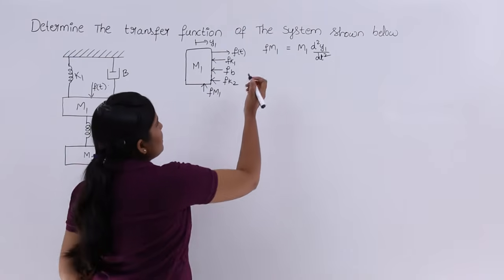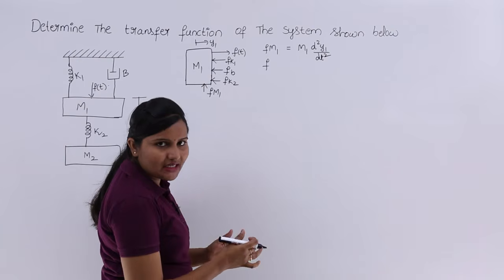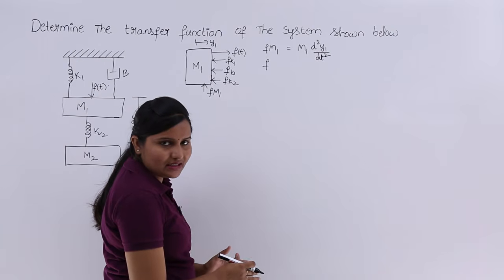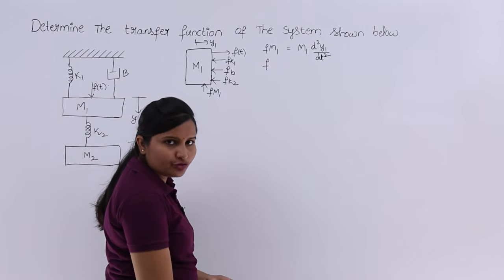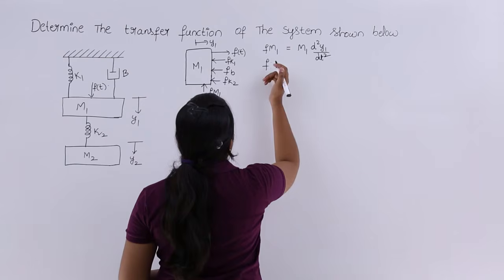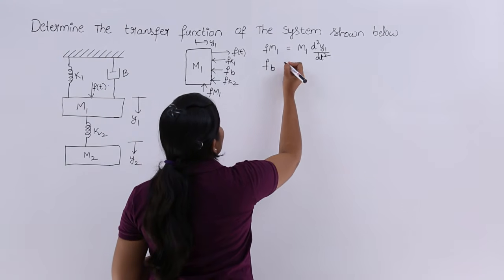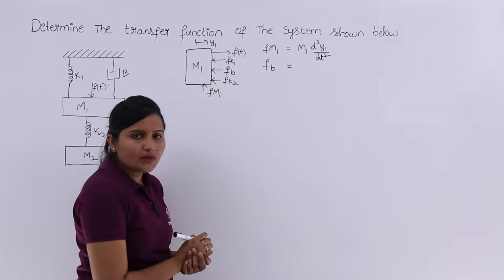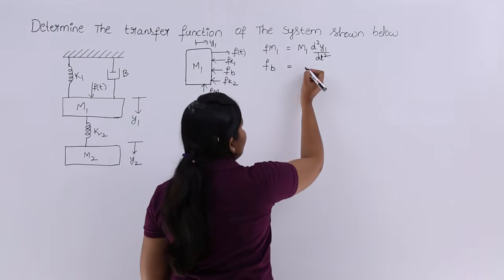Like that, the force due to a spring, I already gave the basic equations in the last class: how we can write the force due to a spring, due to mass, and due to a dashpot. According to that I am writing. After that I take the force due to the dashpot. That is related to velocity, proportional to velocity.